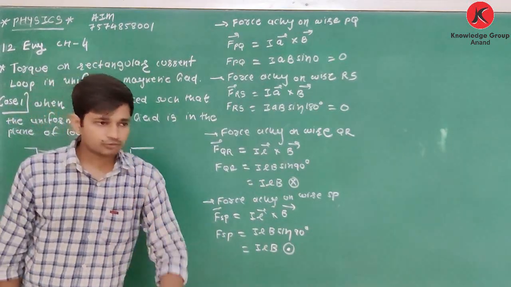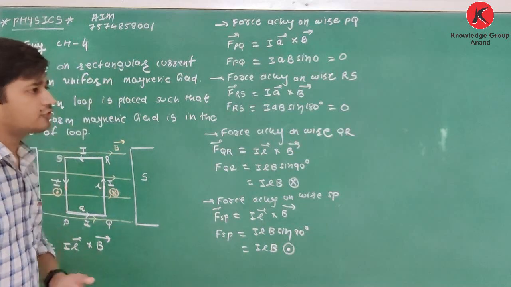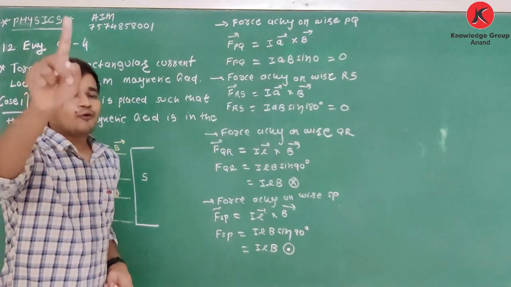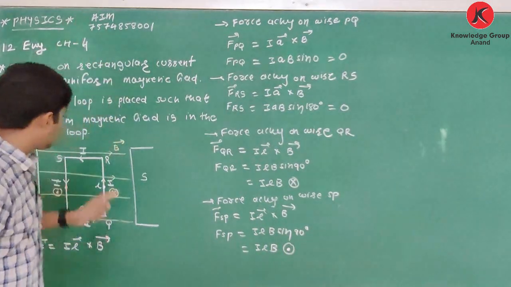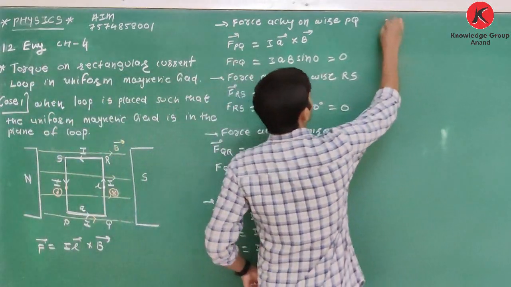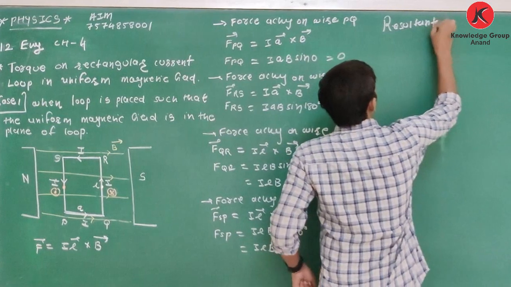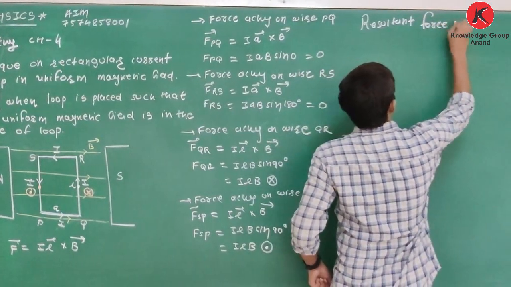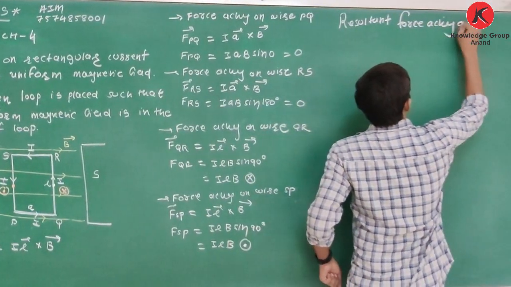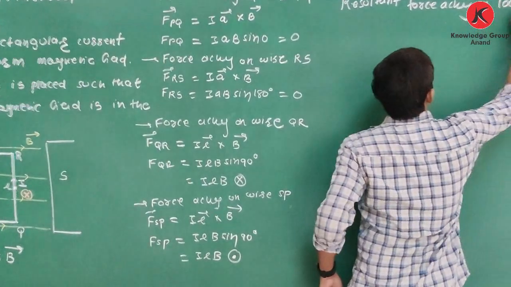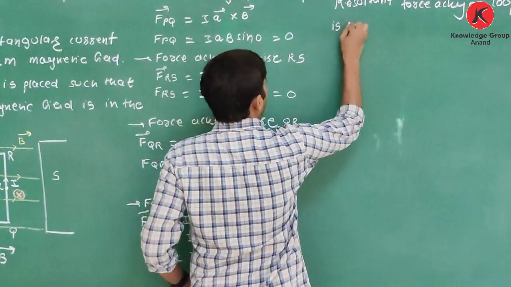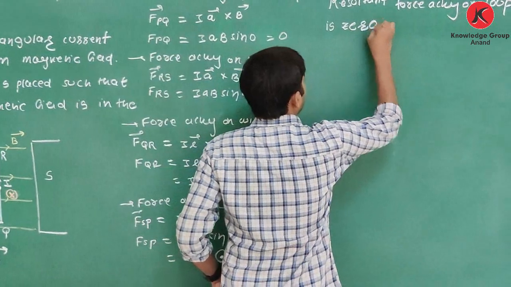So the first conclusion of this theory: the resultant force acting on the loop is 0.